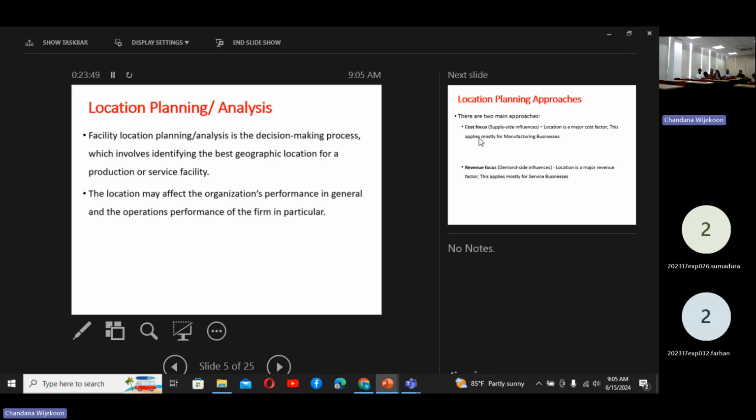Facility location planning is the decision making process which involves identifying the best geographical location for a production facility like a factory, warehouse, or any other facilities required for a manufacturing firm, or the location for a service facility, like a restaurant, hotel, or supermarket, or whatever. So deciding some of the buildings and premises for service businesses.